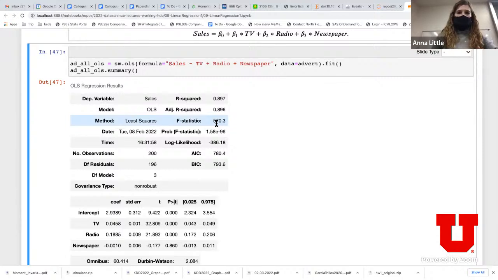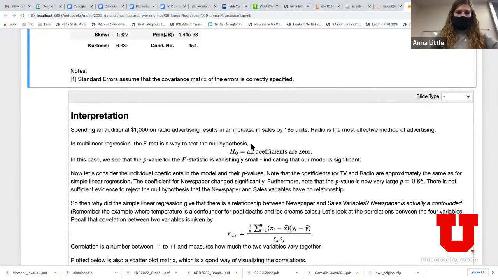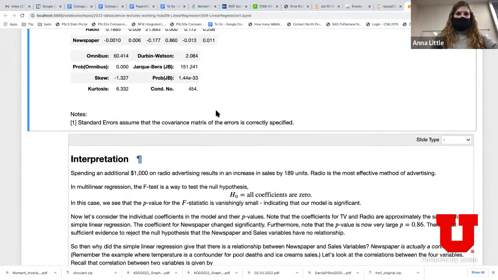Then we also have a p-value associated with running one hypothesis test for this whole thing. Actually, hold on, let me go a little further because I think it's written up a little bit more clearly right here. Okay, so the interpretation for the slopes is still the same.